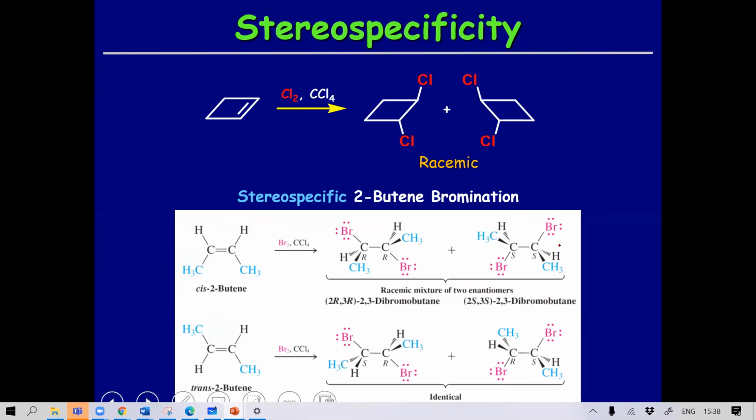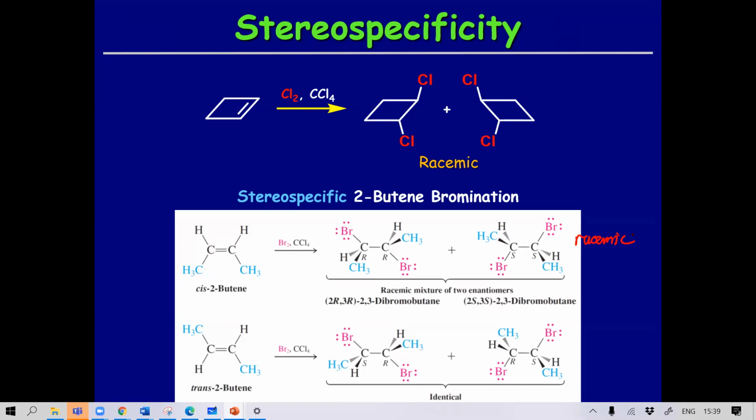So this is a racemic mixture. Okay, but if we were to add to trans-butene, this will only form the RS or S star structures, and because it was symmetrical, it would be identical, okay, and that would be identical, okay.